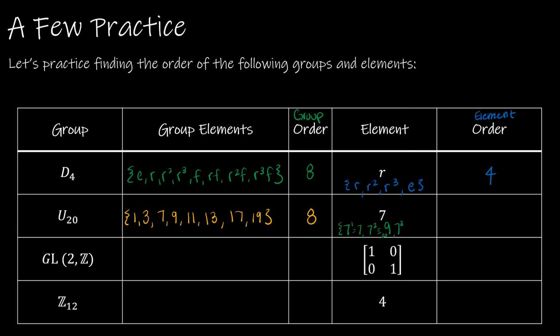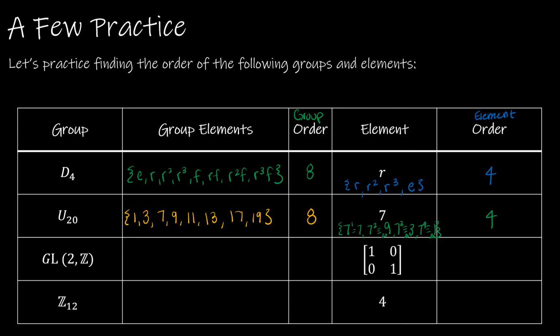And then I'm looking at 7 to the third. 7 to the third is 343, which is 3 mod 20. And then I look at 7 to the fourth, which is 2,401, but that is 1 mod 20. So how many times did I have to perform 7? 4 times.